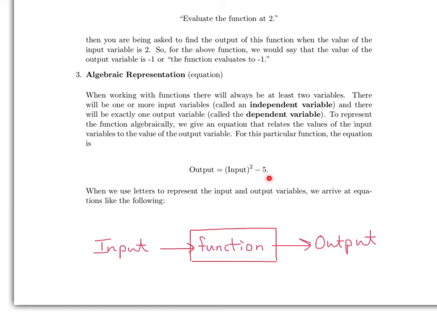Well, let's start by looking at the right-hand side. This says take the input and square it, then subtract 5. Is that what the process does? It is. If I take my input and I square it and I subtract 5, I get the output. This equation conveys what the function does.